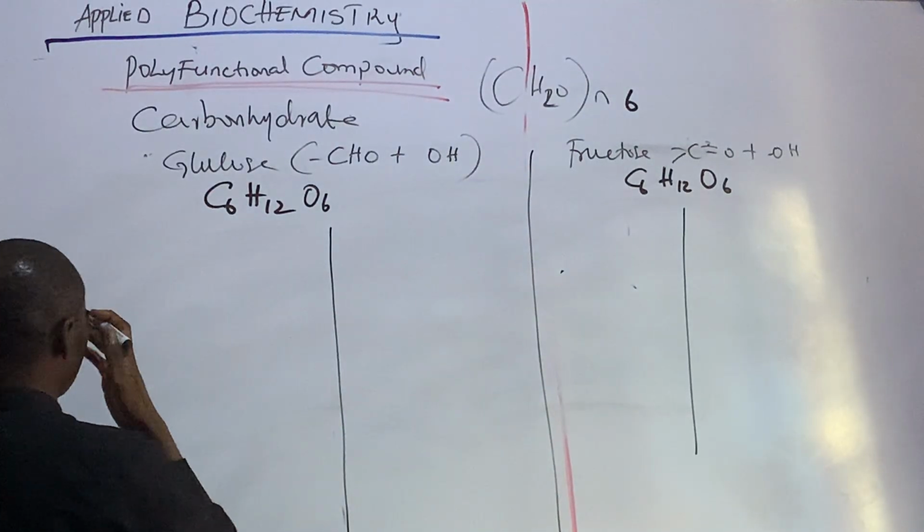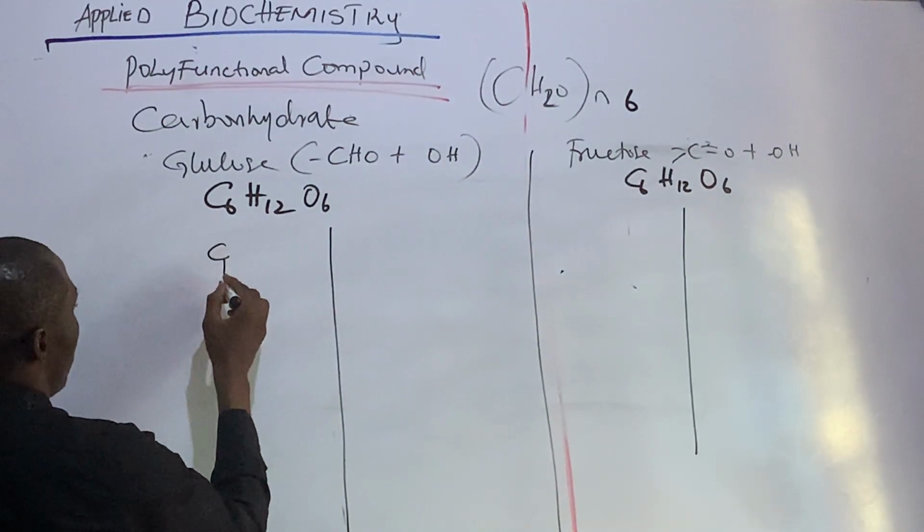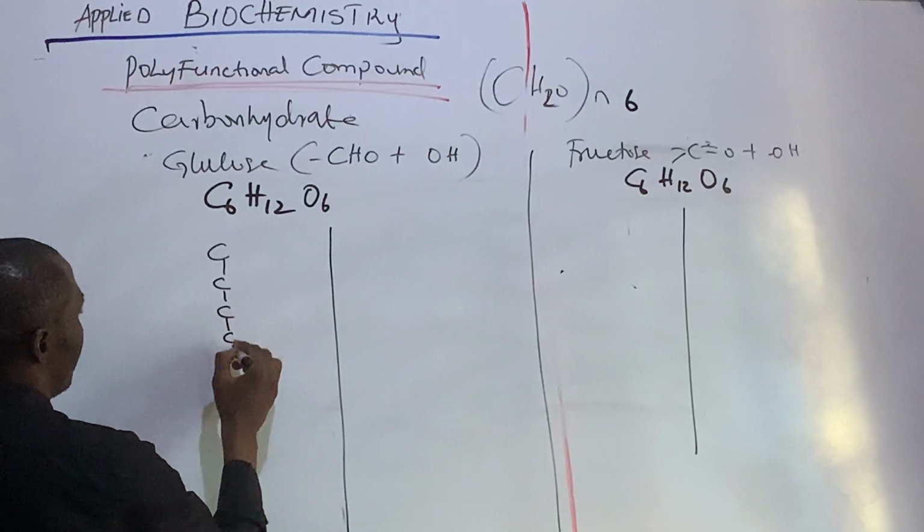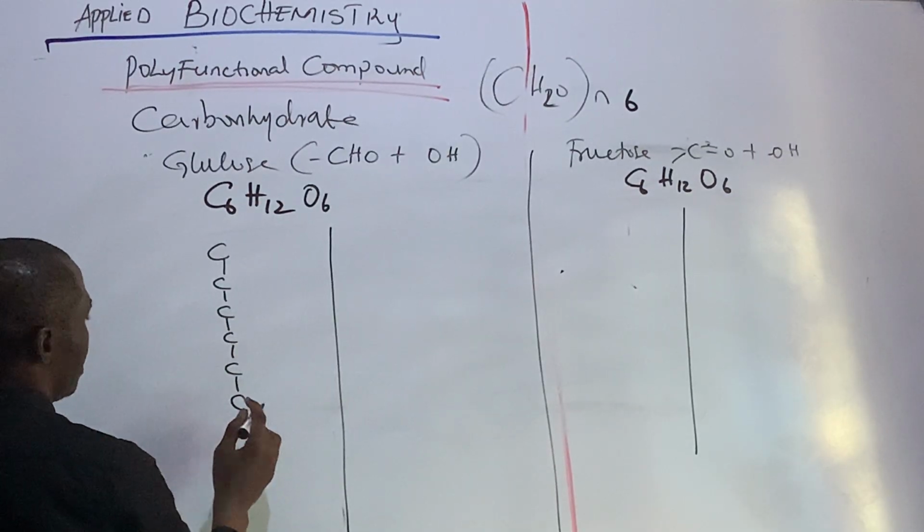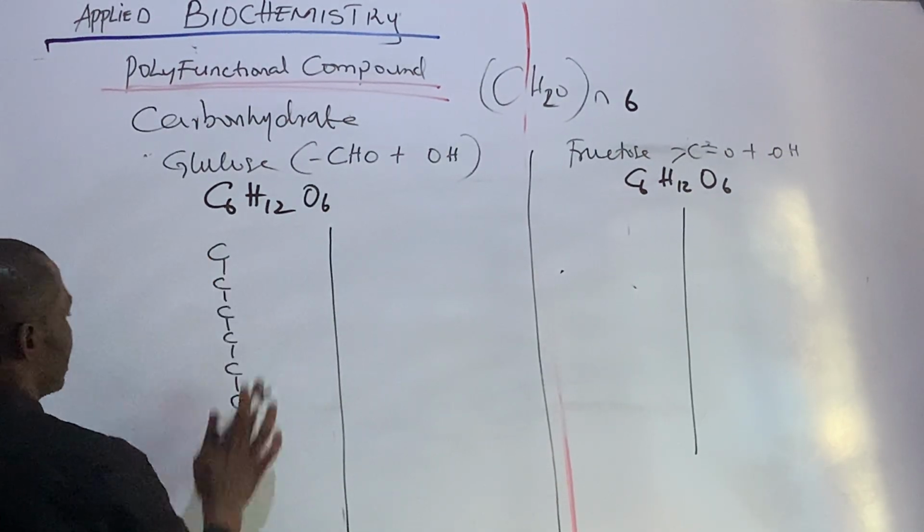Now, the Fischer projection is C, 1, 2, 3, 4, 5, 6. I'm going to stop here.